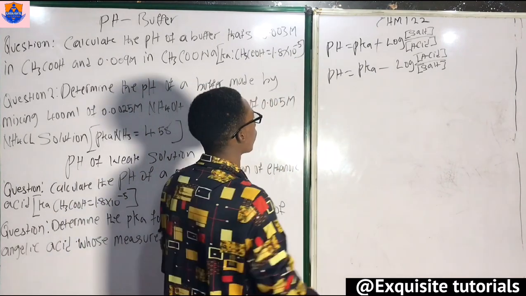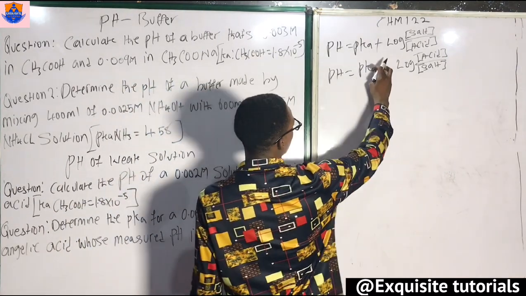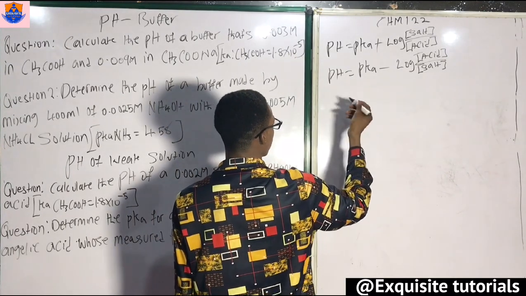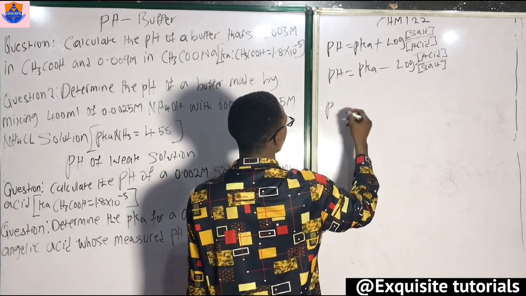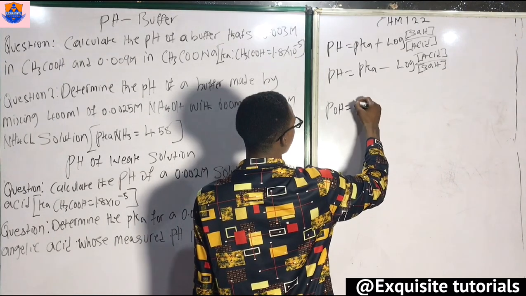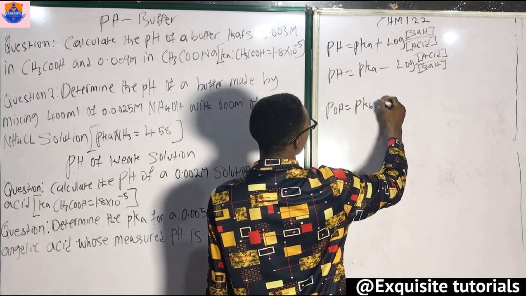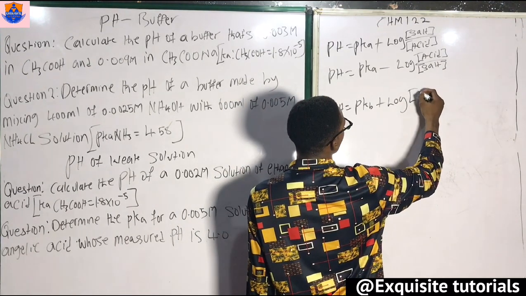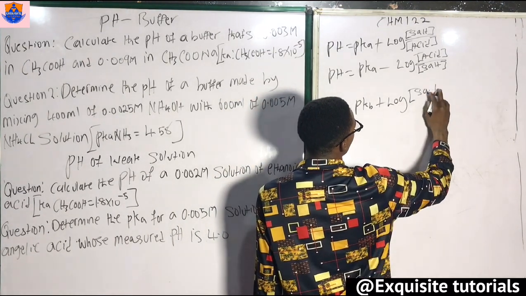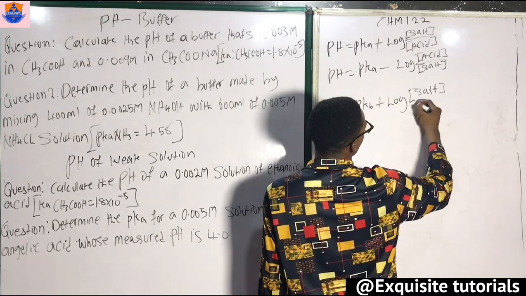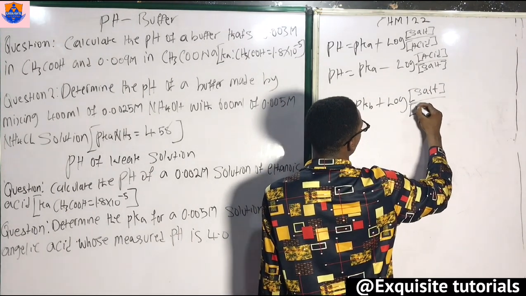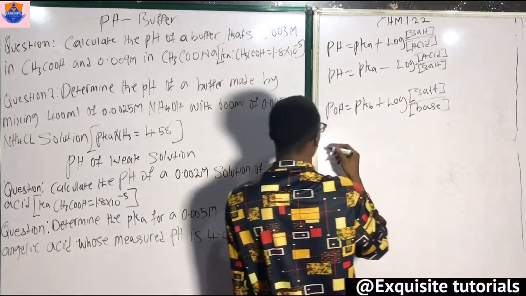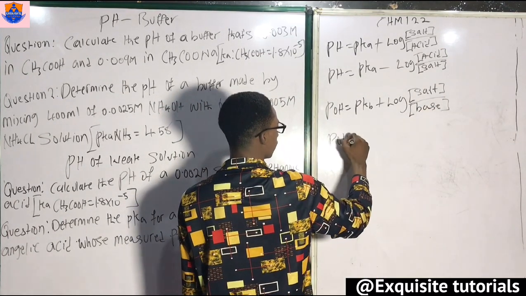So now, this is for acids, pKa for acid. Now, for the base, we have pOH is equal to pKb plus log, or it can be in this form.